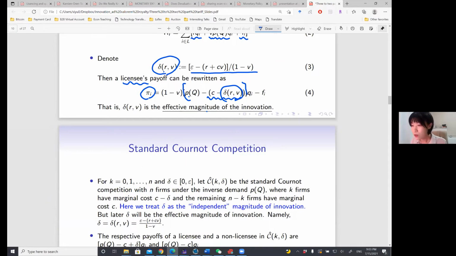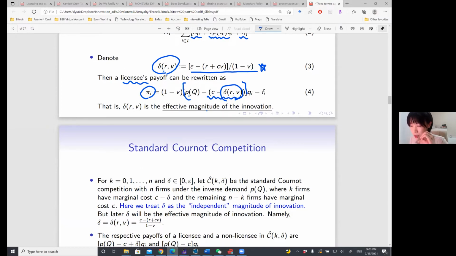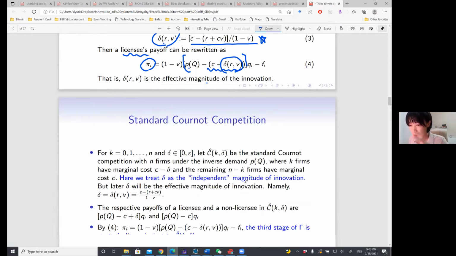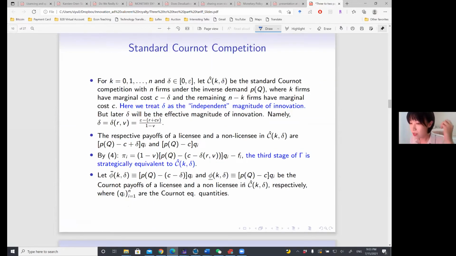To solve this Cournot stage, we design a new game. We call it C hat. What is C hat? We assume there are two types of firms: a strong type with marginal cost C minus delta, and weak players who have C as the marginal cost.